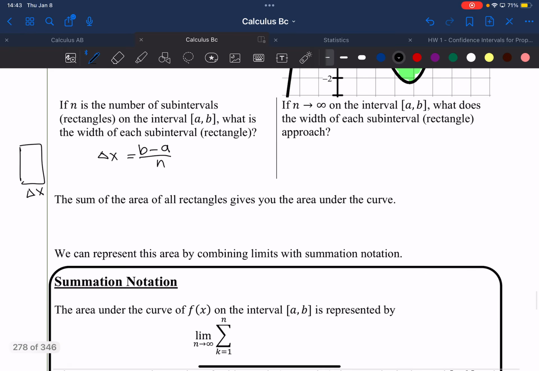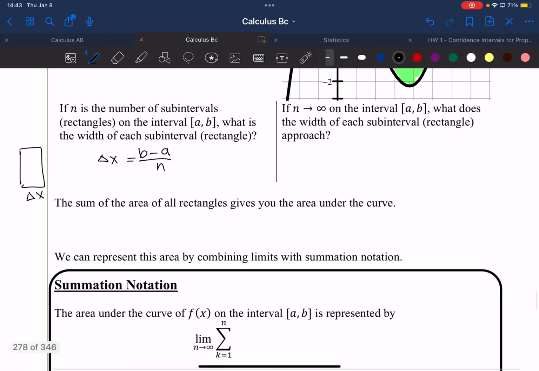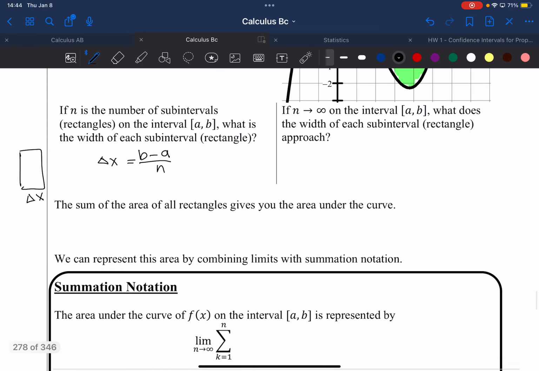When we looked at it yesterday, as n increased, what happened to the width? It decreased. So if we have n approaching infinity, eventually the width is going to approach 0. So another way to say it is that the change in x approaches 0.